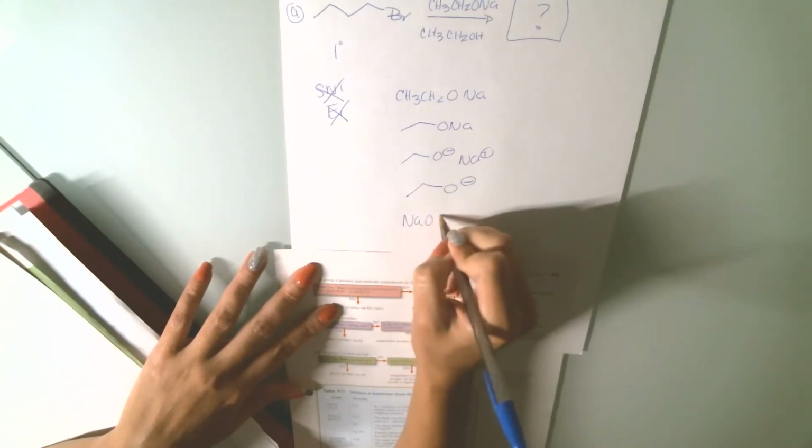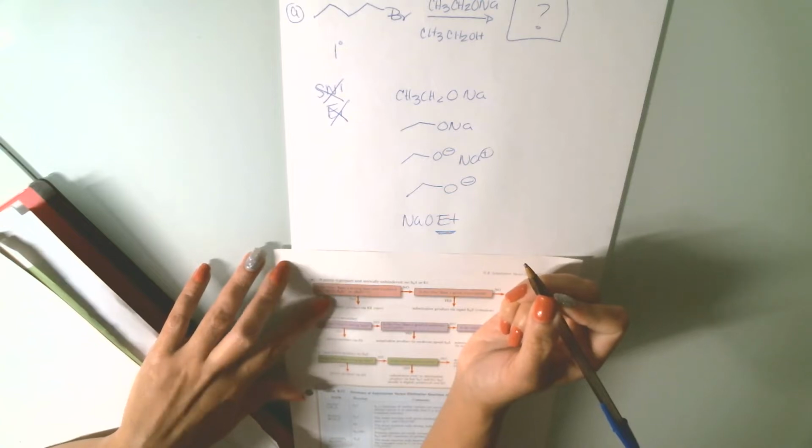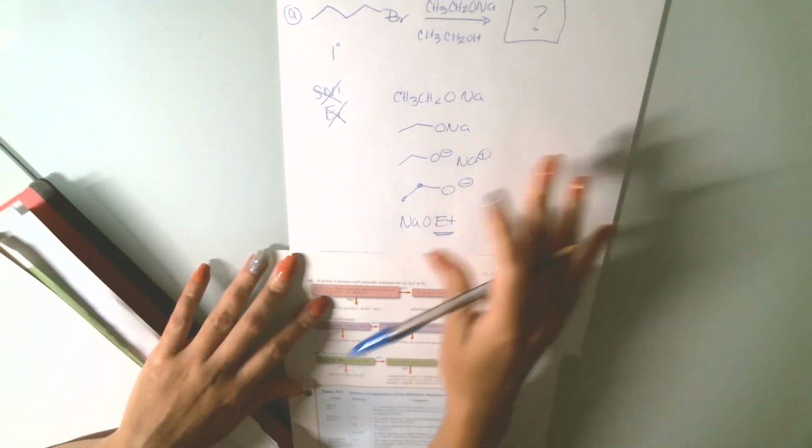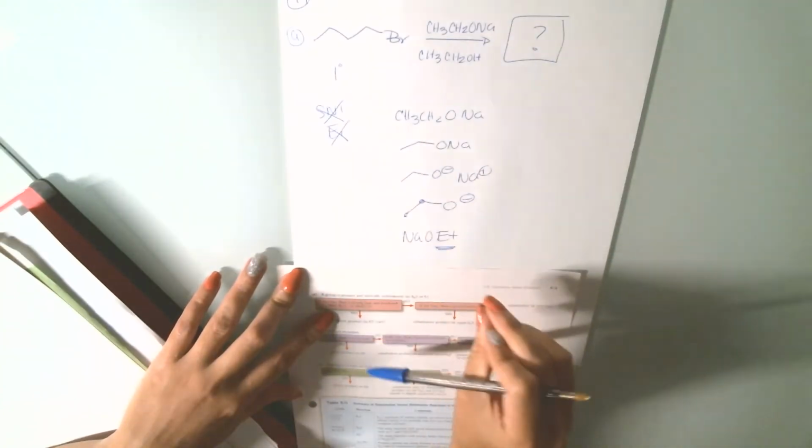Another way you could view this is NaOEt. That means that Et has two carbons, 1 and 2. Just be familiar that you can see any of these ways and it means the same thing.